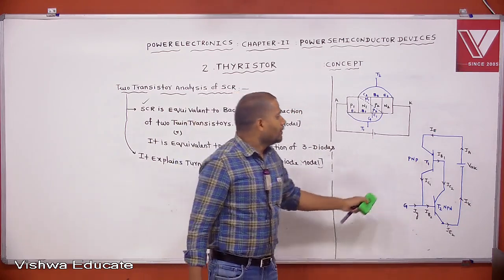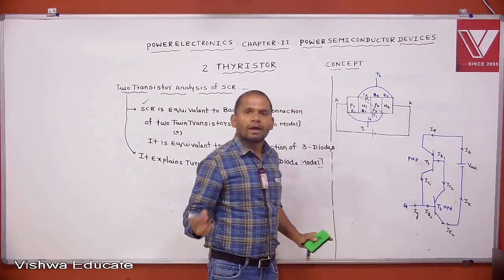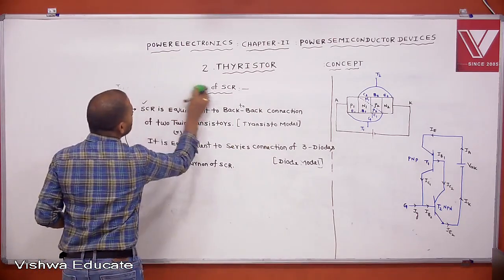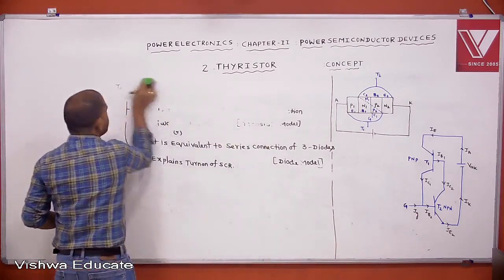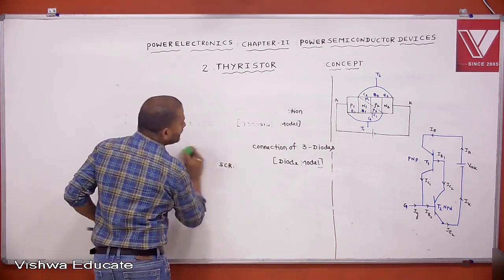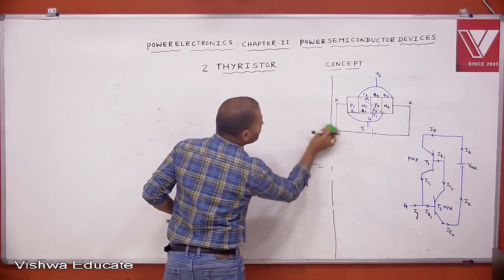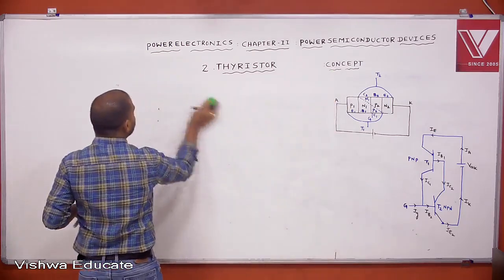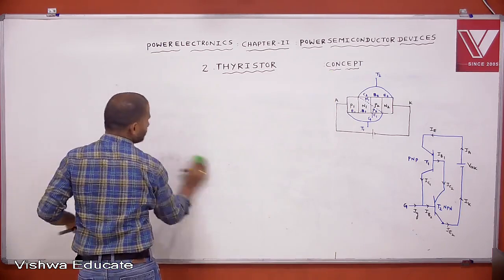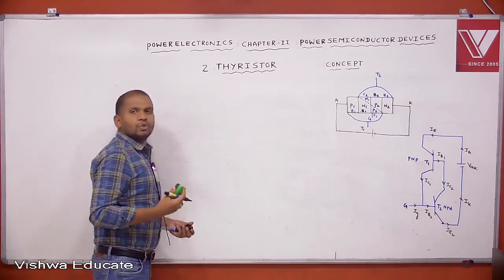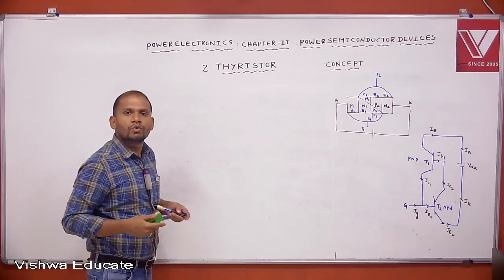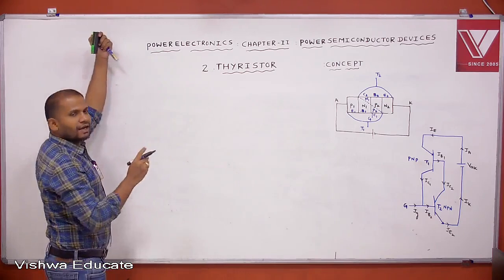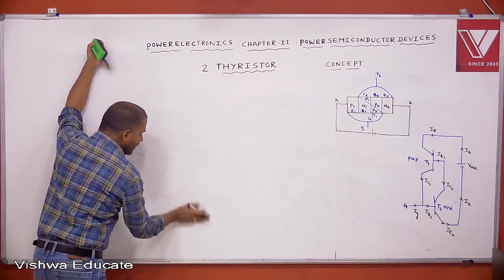Now, with this, I want to do the analysis. Now we'll see the analysis based on the two transistor model of SCR. Now see, in general, this is a generalized equation I am using.